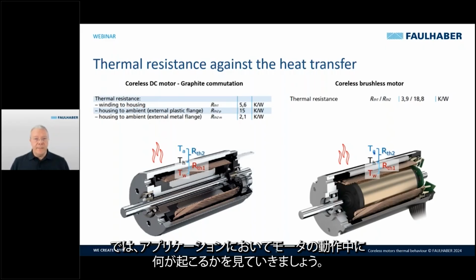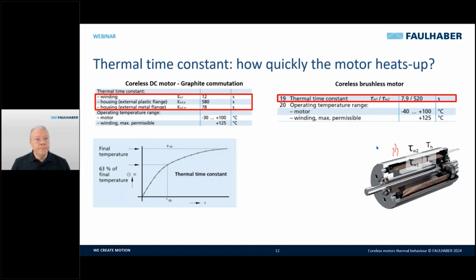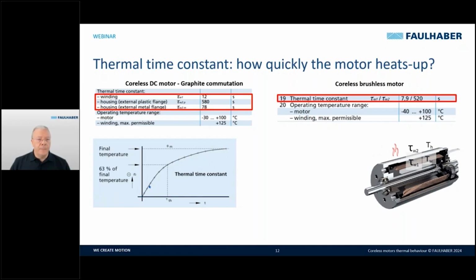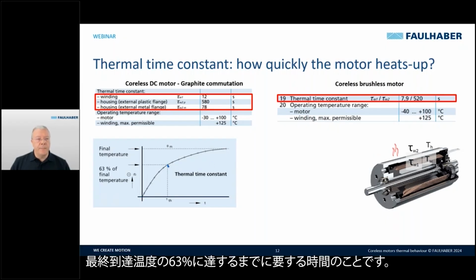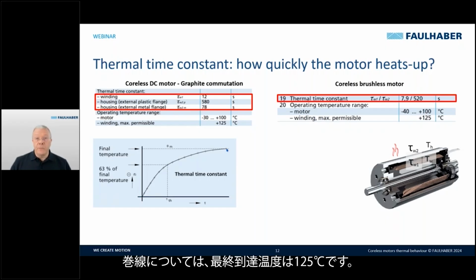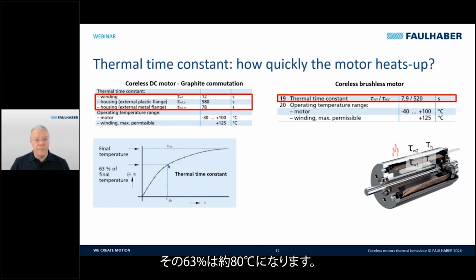So let's see what happens during the operation of a motor in an application. And we have a so-called thermal time constant. The thermal time constant is the time necessary to reach 63% of the final temperature. The final temperature can be 125 degrees for the winding, then 63% is around 80 degrees.